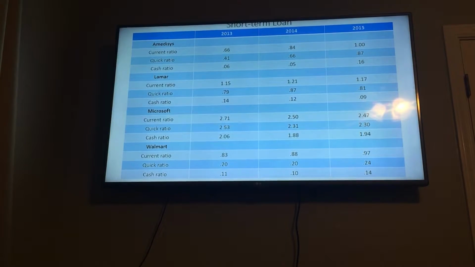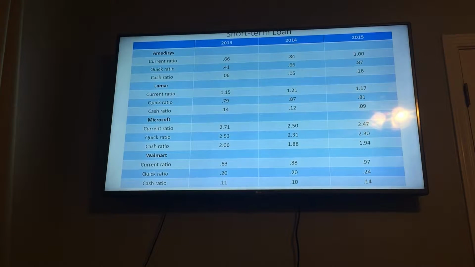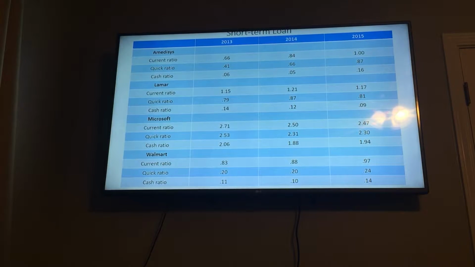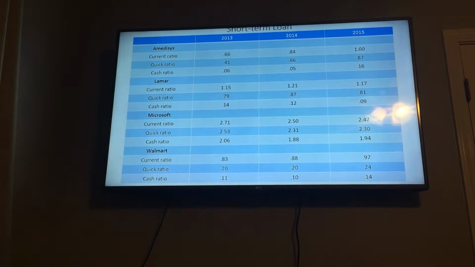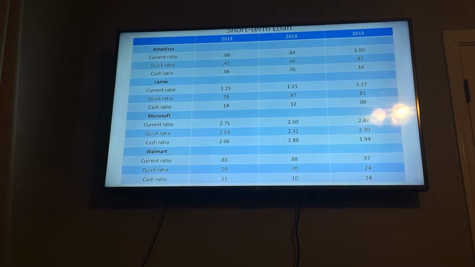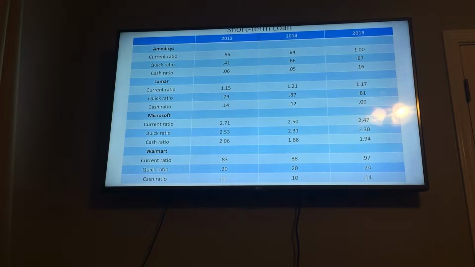Okay, so when dealing with a short term loan, there are three ratios that measure the liquidity of a business. What the ratios are measuring is the company's potential to pay off short term debt. The first ratio is current ratio, which is current assets divided by current liabilities.